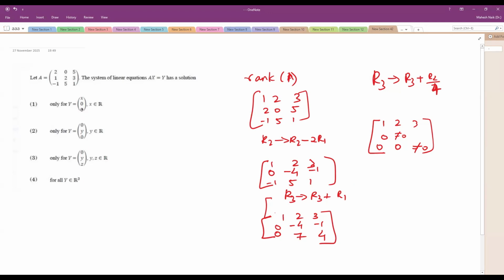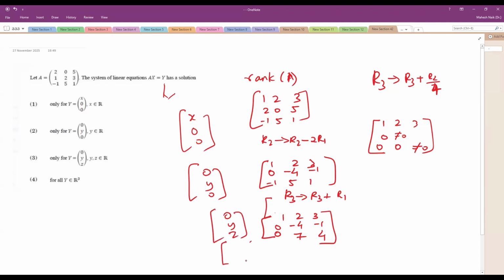So out of these, which one should we go for? Will the solution exist only if the right hand side matrix is something like x 0 0, or 0 y 0, or 0 y z? Or will it be applicable to anything that goes into y, like y1, y2, y3?